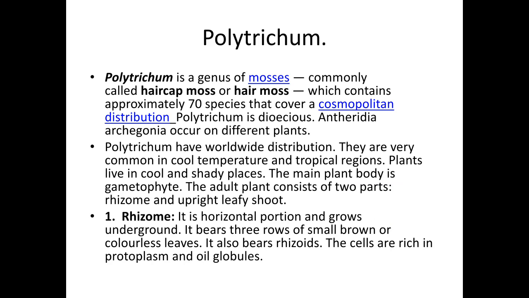It means the male and female sex organs are generally present on two different plants. Male plant is separate and the female plant is also separate. Antheridia and archegonia occur on two different plants, that is the dioecious condition.